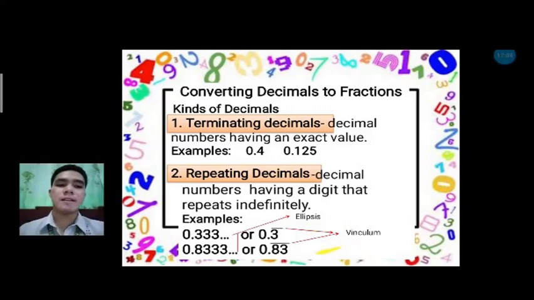Then here, the repeated digit is only 3. Okay? So the repeated digit is 3 also in 0.833. It should be 0.83 with vinculum at the top of the digit 3.